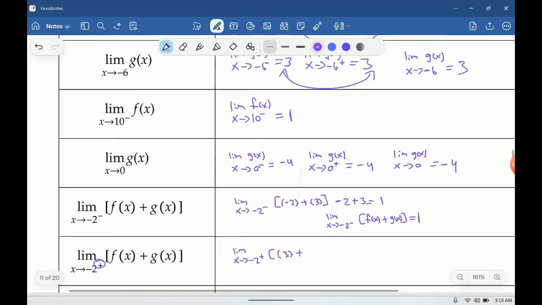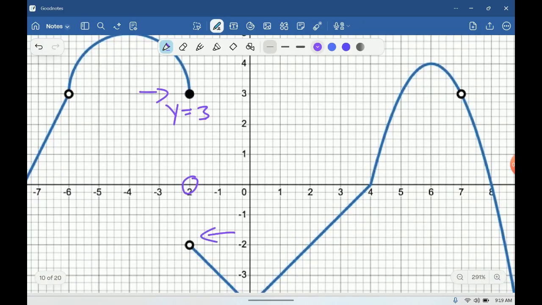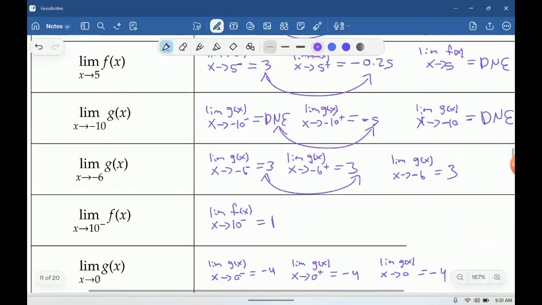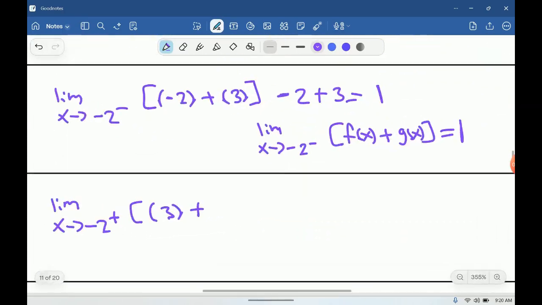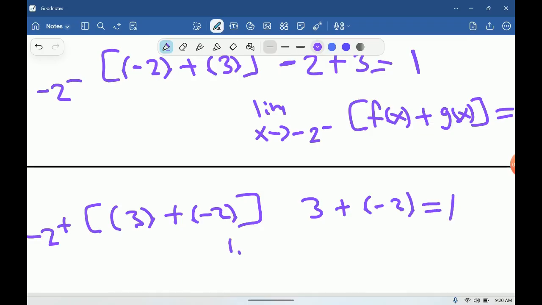And then we're going to go back up to our graph of g of x. We're only going to care about the right side, and our right side says it meets at y equals -2. And 3 plus -2 equals 1. So you'd write it down like this.